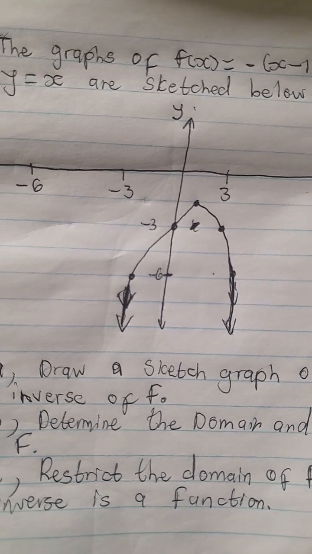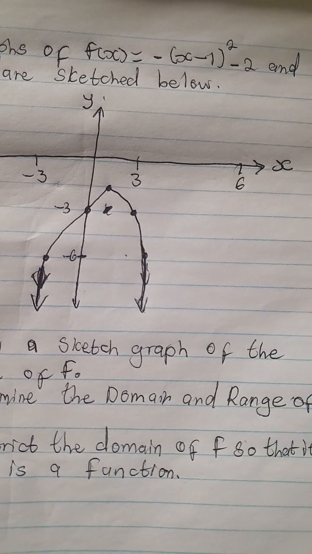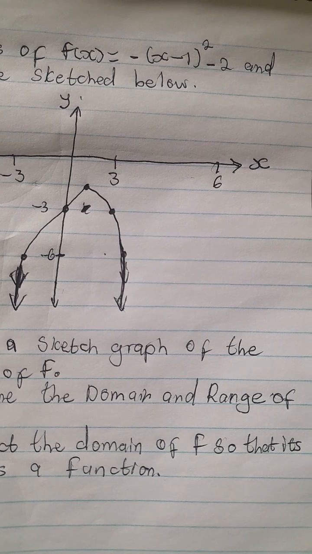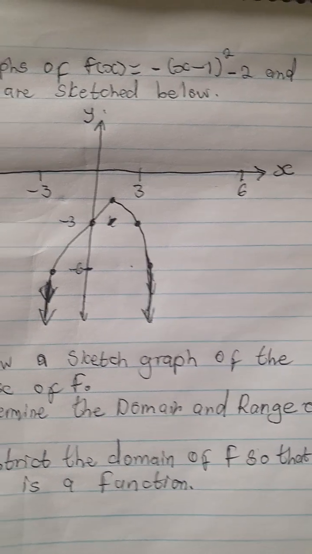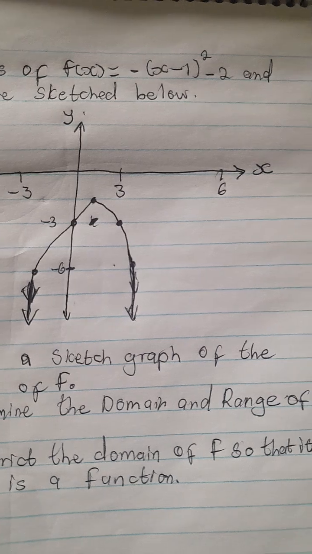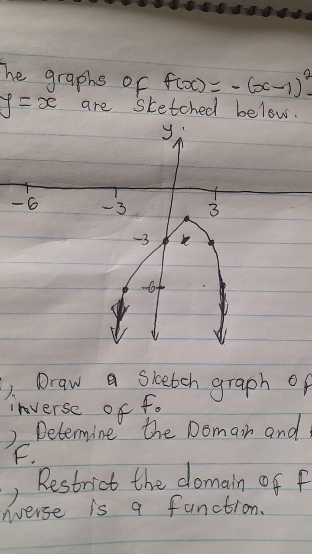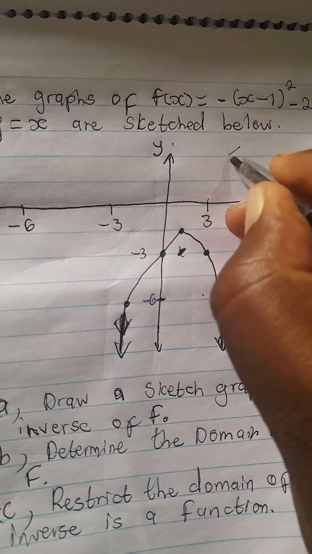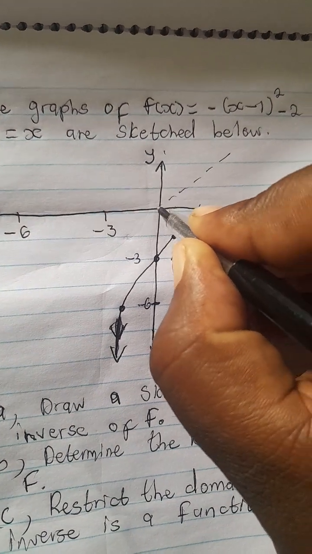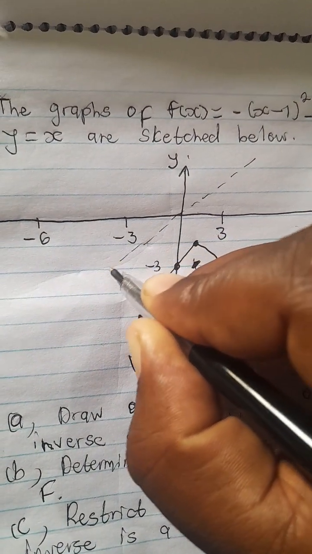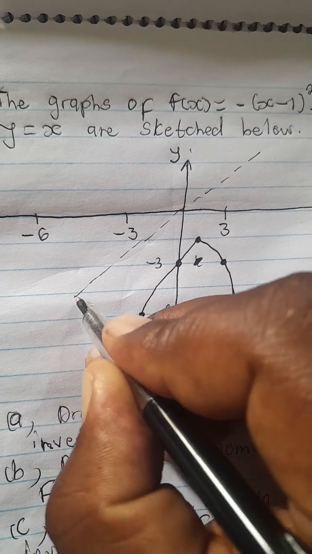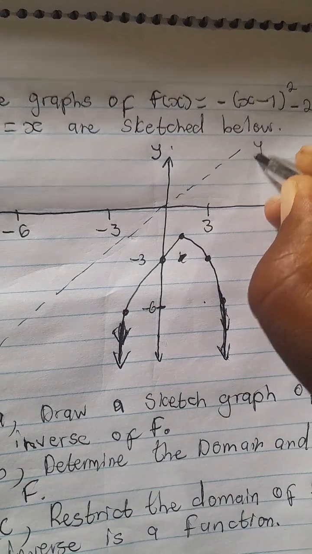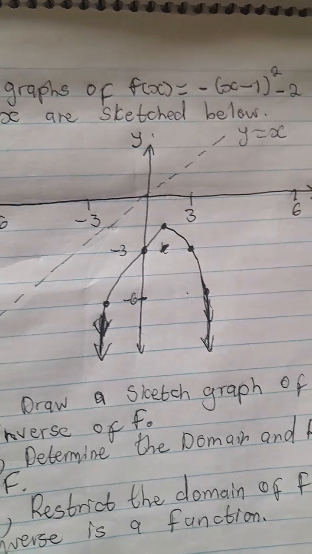The last question is that the graph of f of x is given as negative x, open the bracket, x minus 1, close the bracket, squared, minus 2, sketched below with the graph of y equals x. So it will pass through the origin, remember. So y equals x, right?